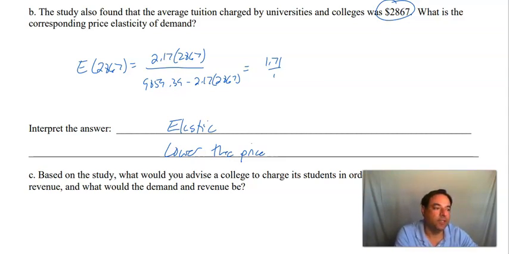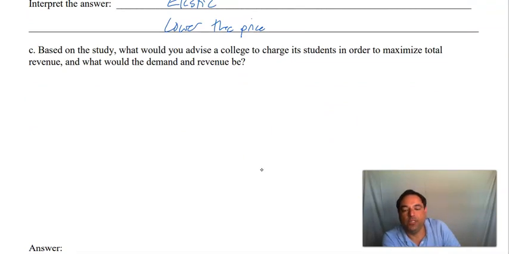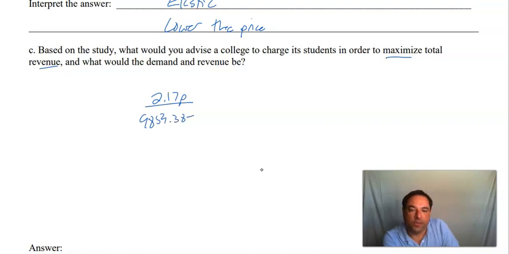Okay, so 2867 is too much. So what am I going to change it to? Well, let's find the best price. To find the best price, to maximize revenue, we're going to set the elasticity of demand equation equal to 1. 1 is unit elasticity. That is our goal. So we set it equal to 1, which is 1 over 1.